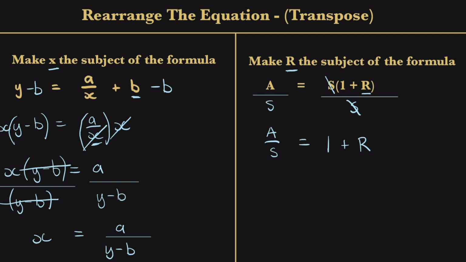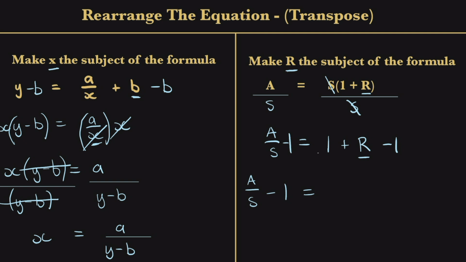Now, since we wanted r by itself, what we can do is we can subtract 1 from each side. So I'm just going to subtract 1 here, and I'll subtract 1 there. That's going to leave this side as a over s take 1 is equal to, and we've got 1 plus r take 1.